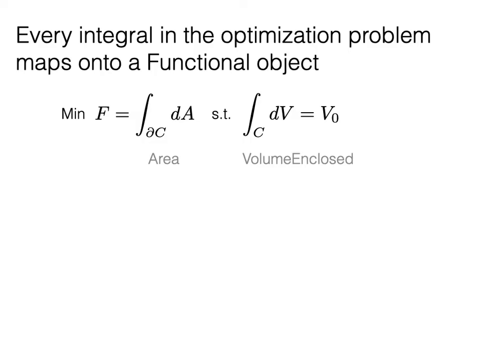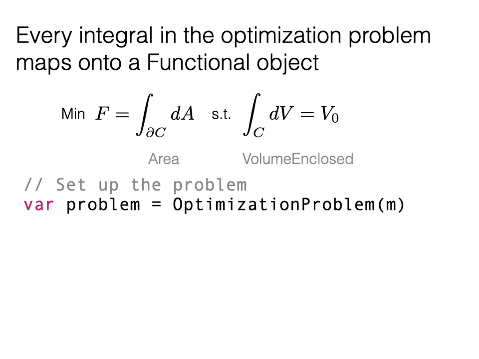If we go back to the mathematical statement of the problem, which was to minimize the area subject to an enclosed volume, every integral in the optimization problem is represented in Morpho by some kind of functional object. The area has a functional called area, and the volume enclosed has a functional called volume enclosed.